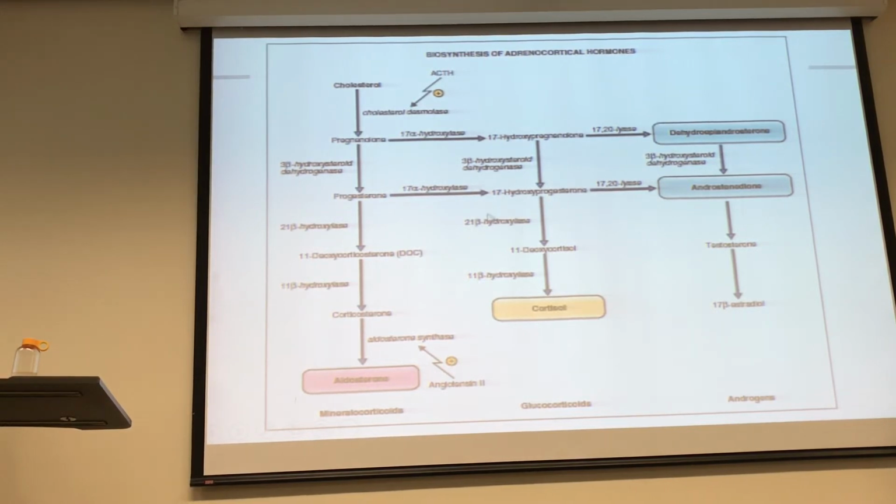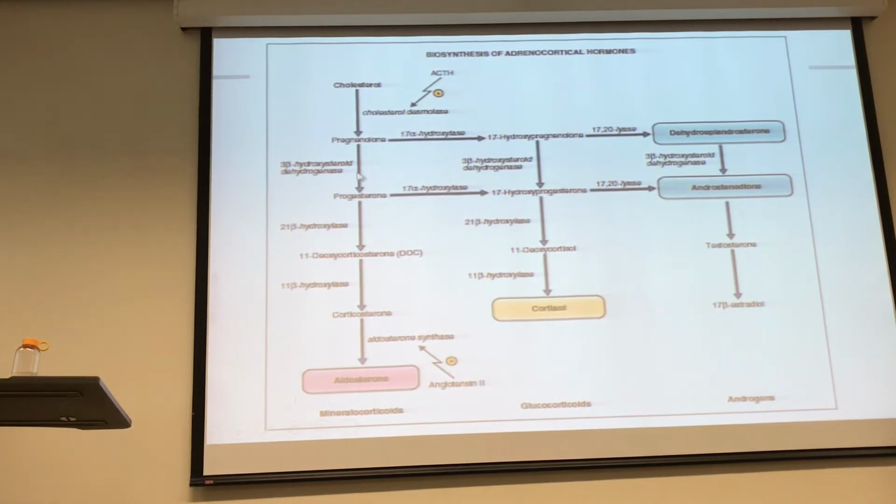Then you are adding a hydroxyl group to the 21 carbon atom, so you need a 21 beta hydroxylase which converts it into 11 deoxycortisol, and then you have 11 beta hydroxylase which adds a hydroxyl group to the 11 carbon position. This will result in the formation of cortisol.